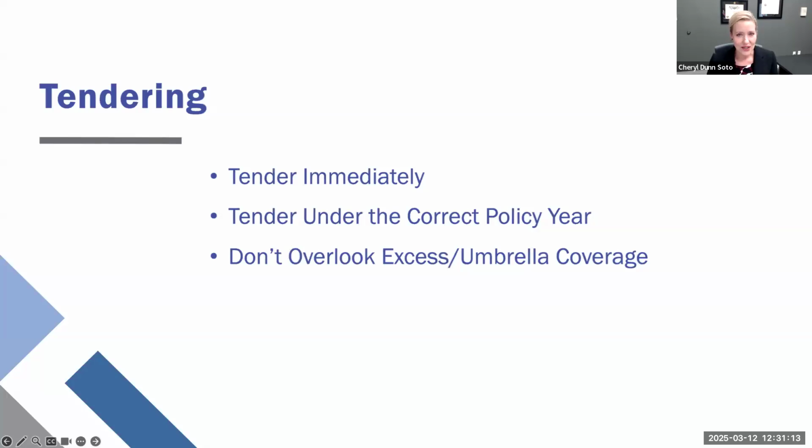What's not so clear is with claims made policies. So they typically cover a claim, and claim can be defined very differently depending upon the policy, but typically very broadly. So claim, particularly in the employment practices liability arena, will oftentimes be defined as a written or oral demand for monetary or non-monetary relief.